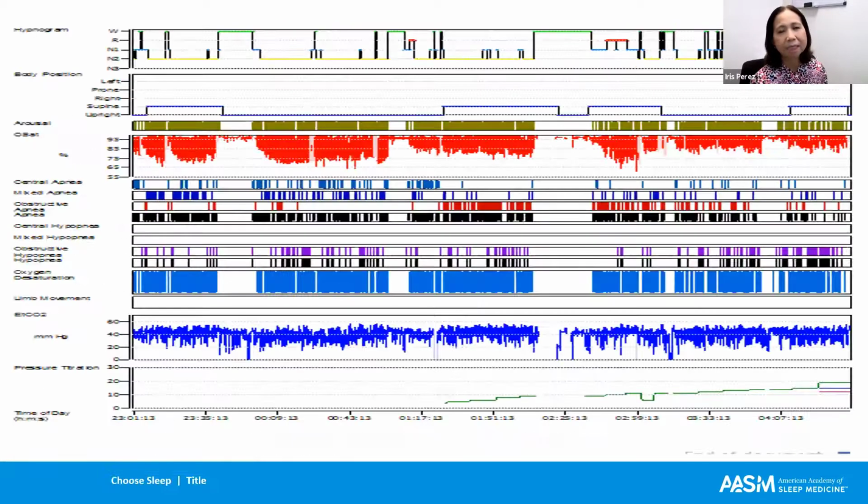Because what happens, for example, if you have a patient with severe OSA, as seen in this portion of the slide, the patient will be at higher risk for respiratory complications and need for intervention postoperatively.